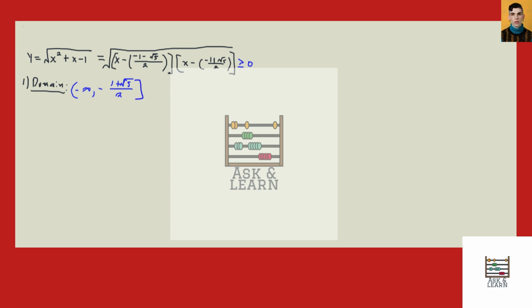With a square bracket, because we can plug this value in, union with the other one, which is 1 minus the square root of 5 over 2 to infinity.